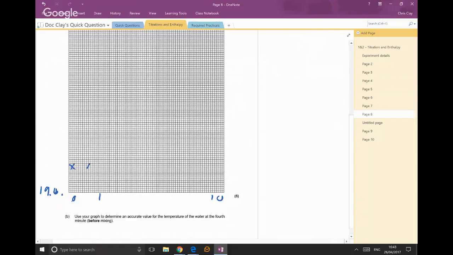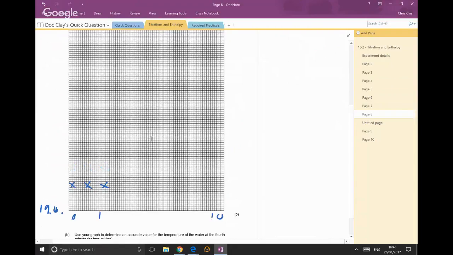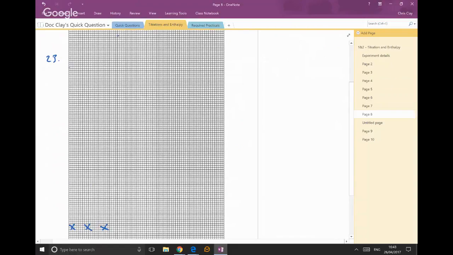We'd then have 4 plots, 3 plots like that. We would then jump up to whatever it is, 25.5. We'd have some plots that go down like this, and then we would draw 2 lines of best fit in this experiment, and it's where we're mixing 2 samples together, and we get a nice big measurement to take for our change in temperature.